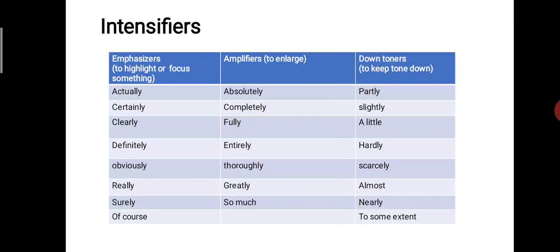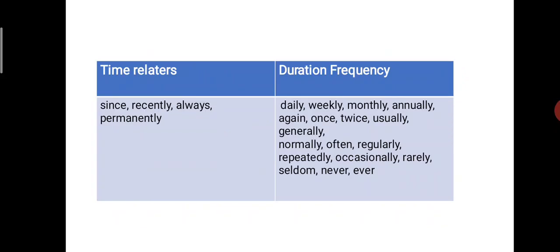And what are the time relators in the particular paragraph of this description of the pie diagram? For the duration, you are going to use since, recently, always, permanently, and many more related to the duration.